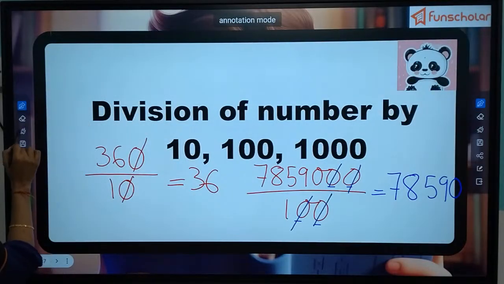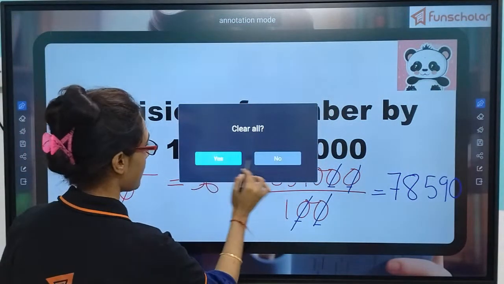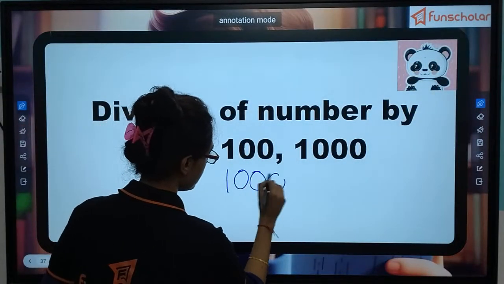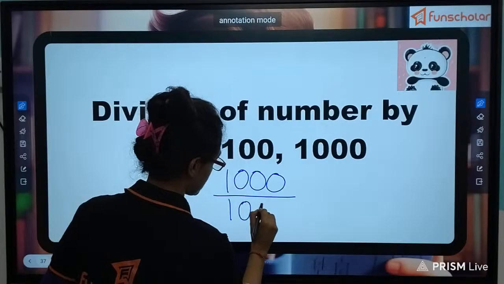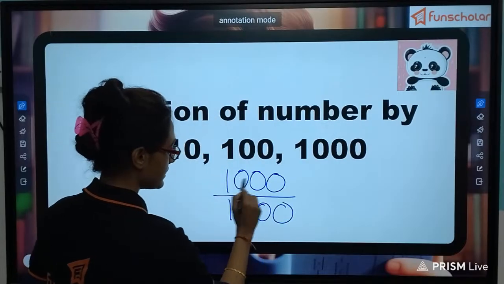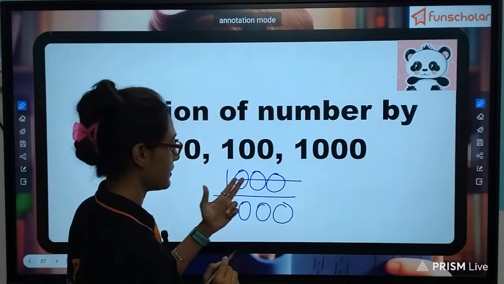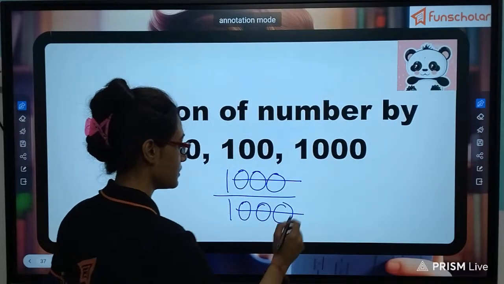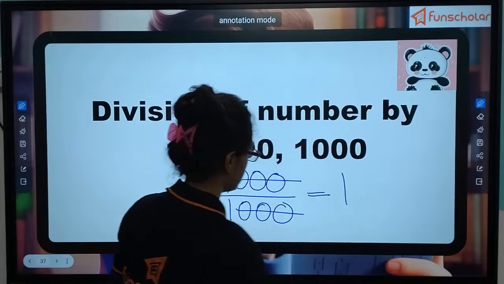Okay. Next is divided by 1000. Now if I just take 1000 divided by 1000. There are 3 zeros in the upper part, we have cut it. There are 3 zeros in the lower part, we have cut it. So what is the answer? 1.